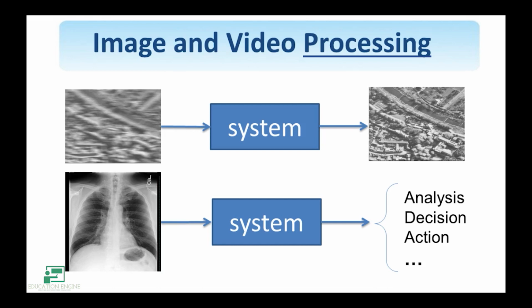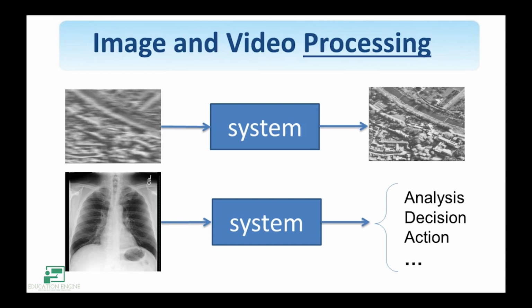Now, if an image is input and an image is output, this has been the kind of narrow definition of processing, also referred to as filtering. And the broader meaning of processing that we adopt here is that an image or a video can be input to a system, and we're interested in extracting important features from such an image, or we're interested in making decisions based on the image.